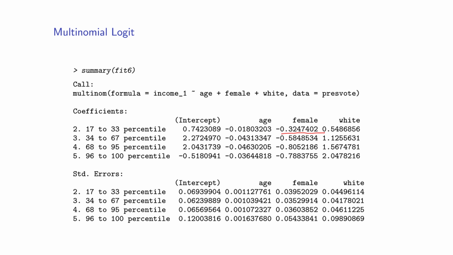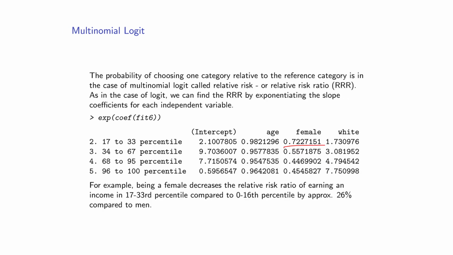Now, that's not a very interesting outcome, and it is hard to interpret in terms of the real magnitudes of these effects. If we exponentiate this coefficient and transform it into a percentage change, we obtain what is called a relative risk ratio.